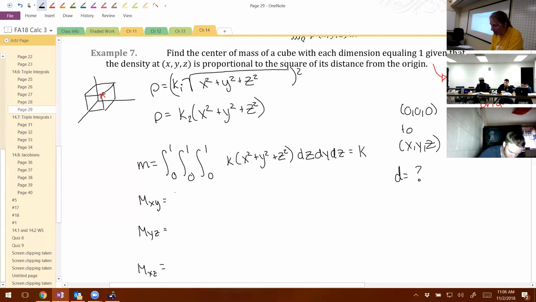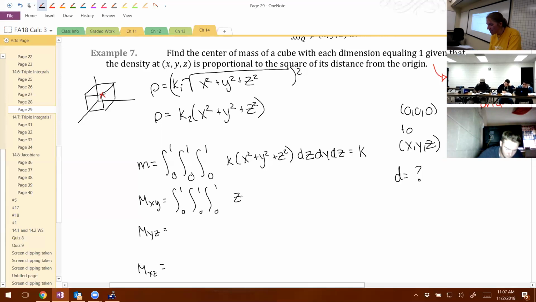All right, so a moment about the xy plane is going to help us to find our z bar. We're going to have the same limits of integration. We're still going to have to include that proportionality constant, but since we are talking about the distance from the xy plane, that's what z controls.